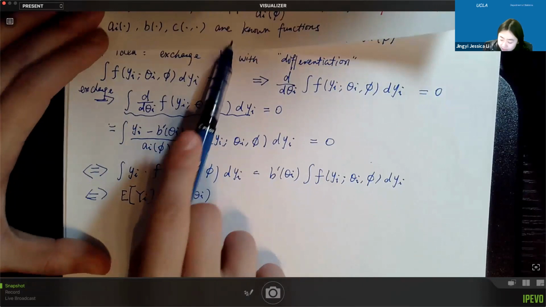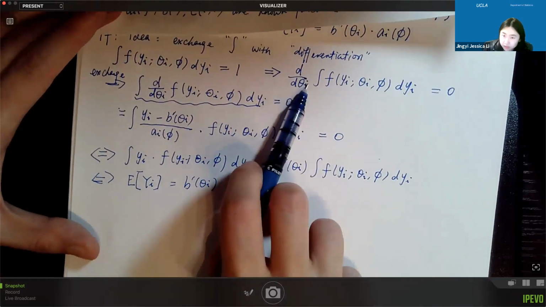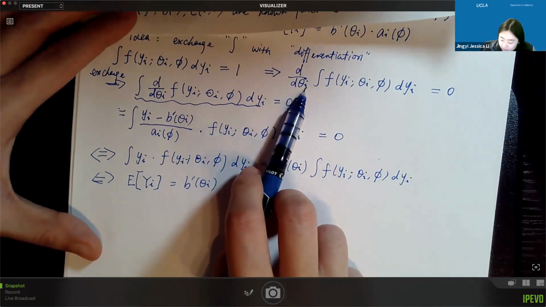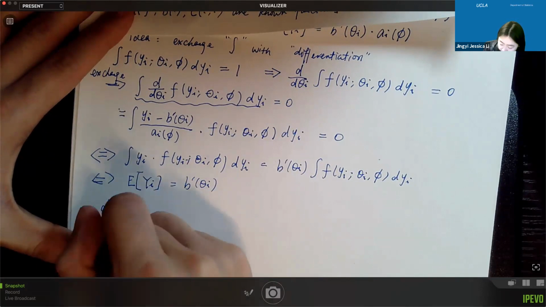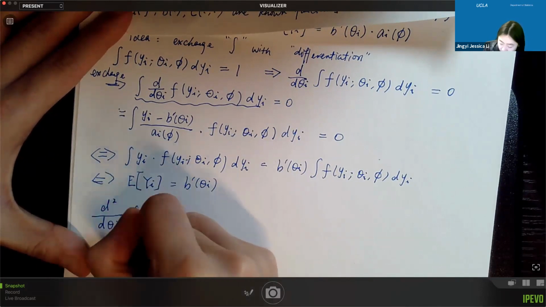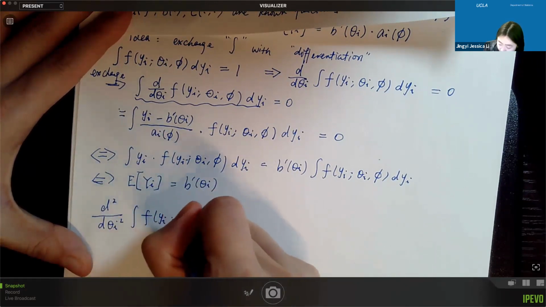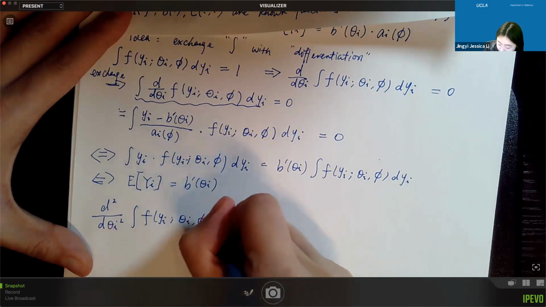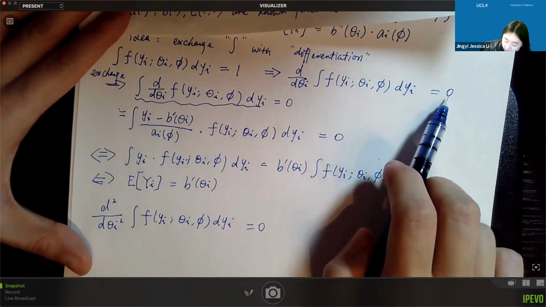Okay, and for the variance, we can prove it similarly. We just need to take the second derivative with respect to θi. So for the variance, we need d²/dθi² of the integral of f(yi; θi, φ) dyi. This is also 0, right? We just take differentiation again.